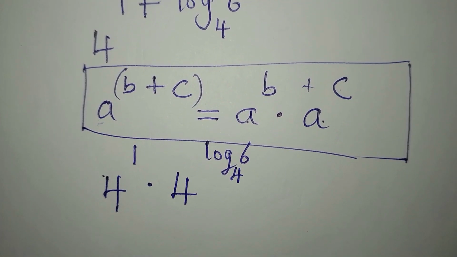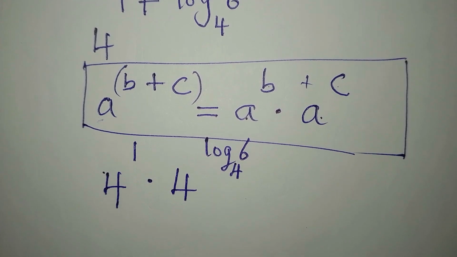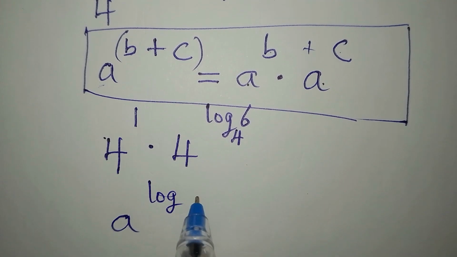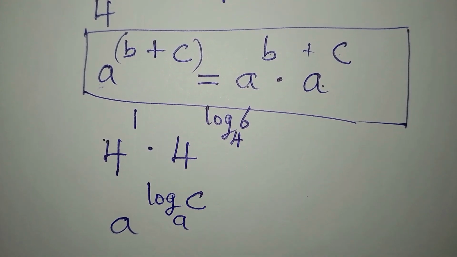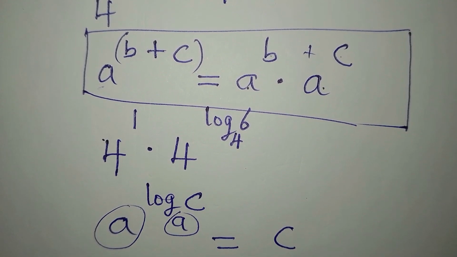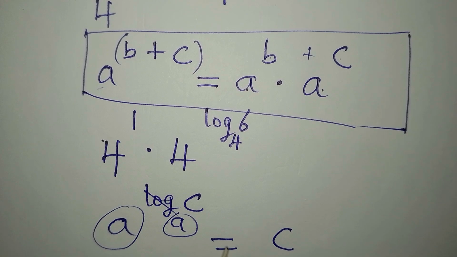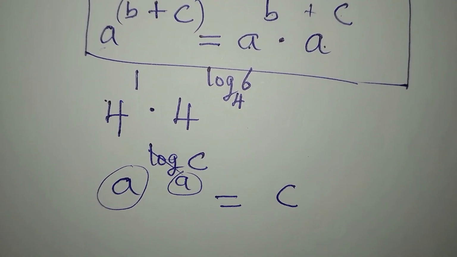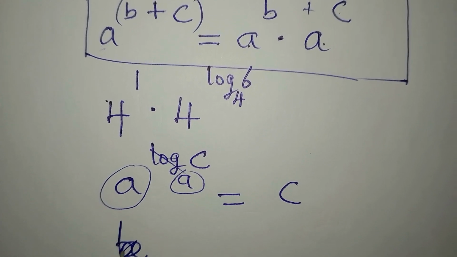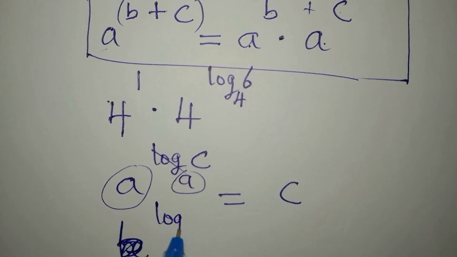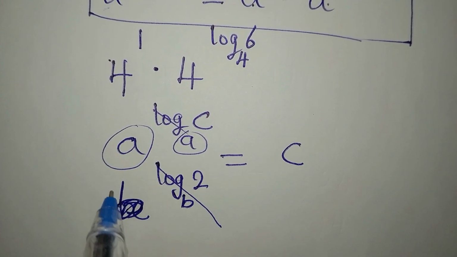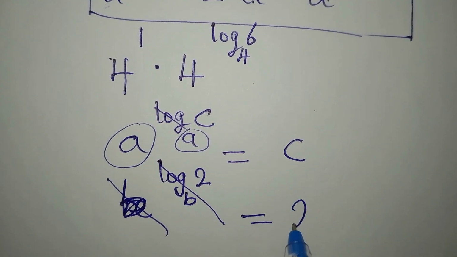Now from here again, there's another theorem that we must understand. Look at this. If you have a to the power of log c to base a, this is equal to c, because this and this, in fact with the log, will go, so only c will remain. Okay, and I'm saying that if you have b to the power of log 2 to base b, because of log to base b and this b, your answer to that will be 2.